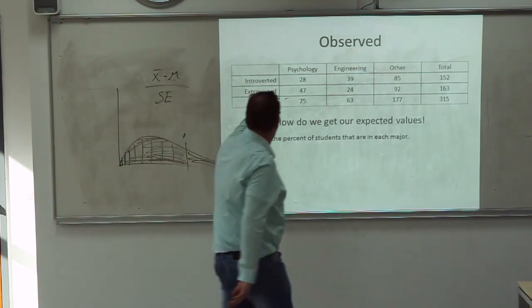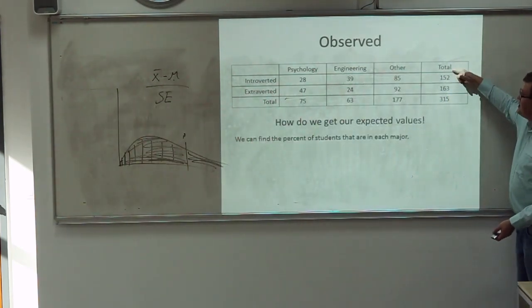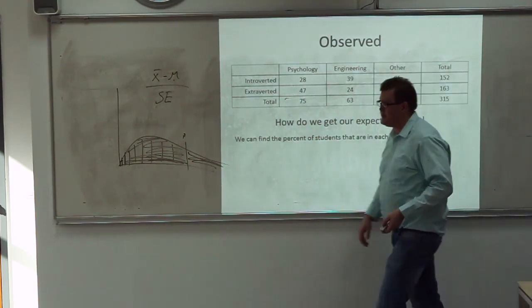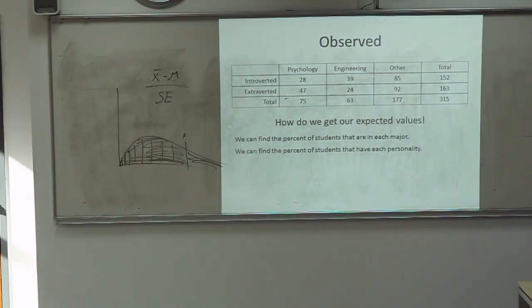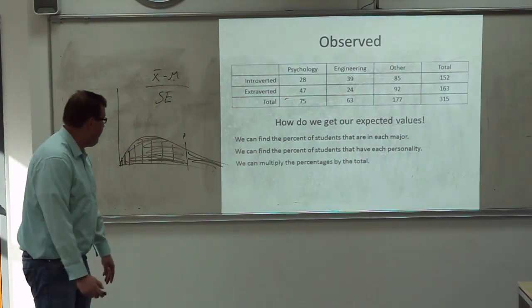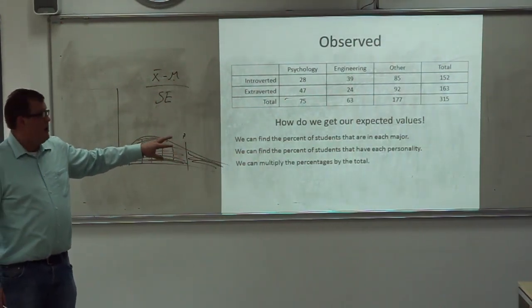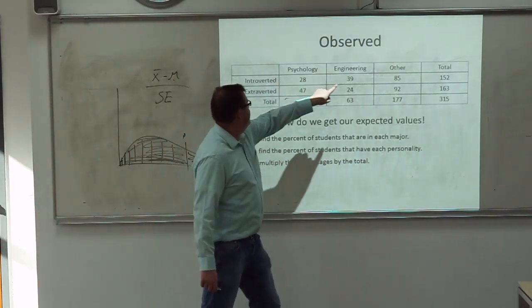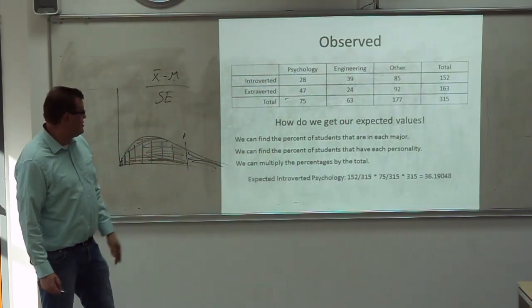And we can do the same thing for introverted and extroverted. 152 divided by 315 gives us the percent that are introverted. 163 divided by 315 gives us the percent that are extroverted. So we find the percent of students in each major, and the percent of students that have each personality. We can multiply these percentages by the total: percent of students in the major times the percent of students with that personality times the total.